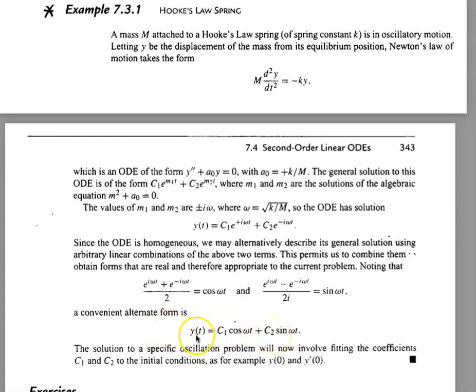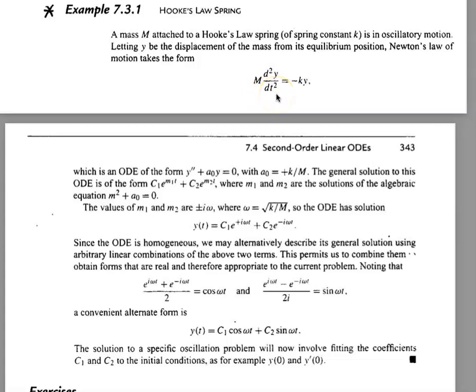But you can differentiate y one time, differentiate it a second time, and then substitute the second derivative here, multiply that by the mass, equal to negative k times y itself, and you should be able to simplify and show that the left-hand side is equal to the right-hand side.